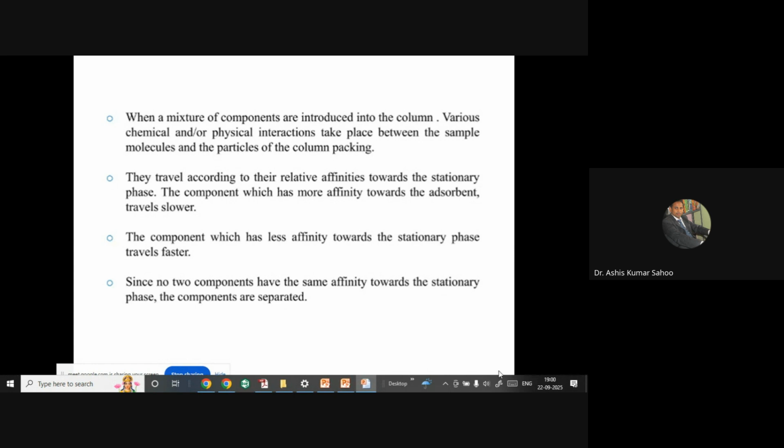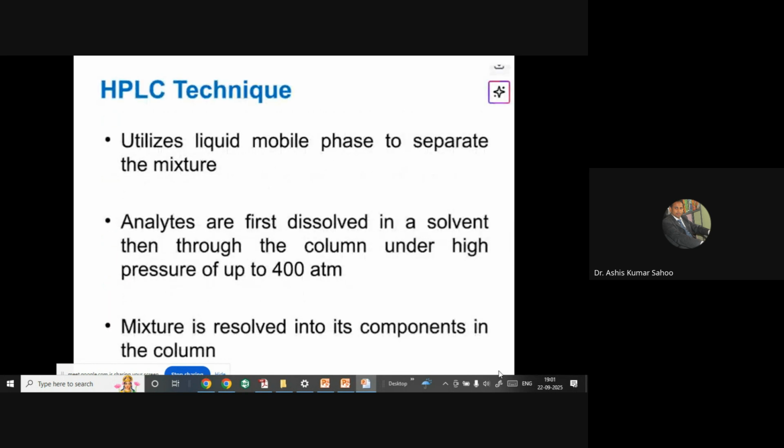The component which has less affinity towards the stationary phase travels first, faster, and will elute faster. So in HPLC we utilize a liquid mobile phase to separate the mixture. In HPLC, the mobile phase is a liquid.